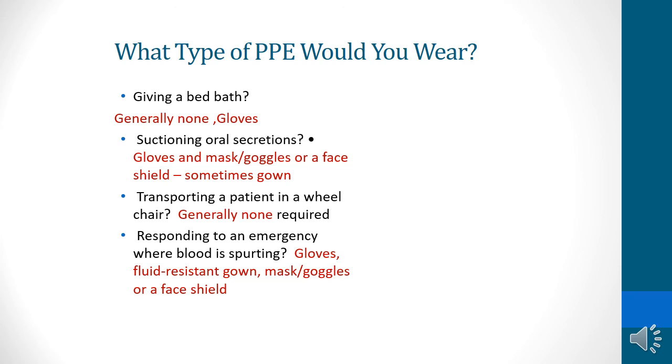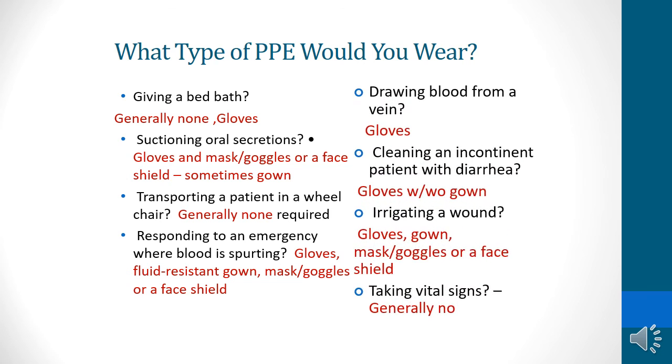Responding to an emergency where blood is spreading: we have to wear gloves, fluid-resistant gown, mask, goggles or face shield. Drawing blood from a vein: we have to wear gloves. Cleaning an incontinent patient with diarrhea: gloves and gown. Irrigating a wound: gloves, gown, mask, goggles or face shield. Taking vital signs: no need to wear PPE.